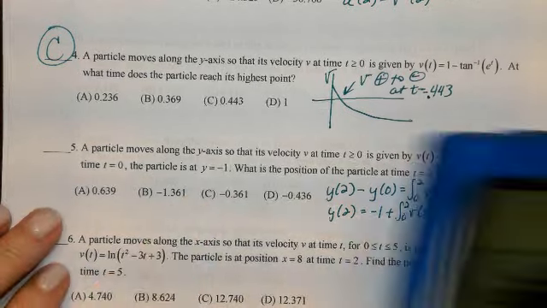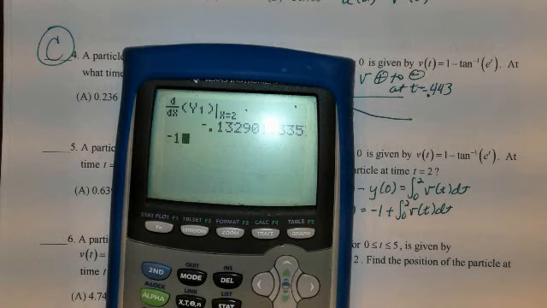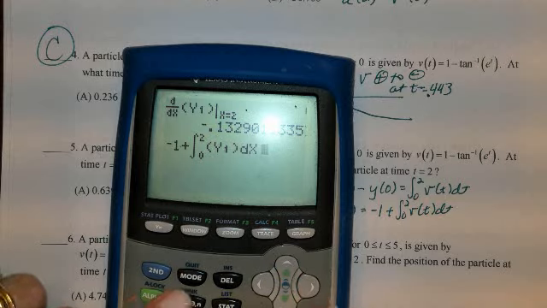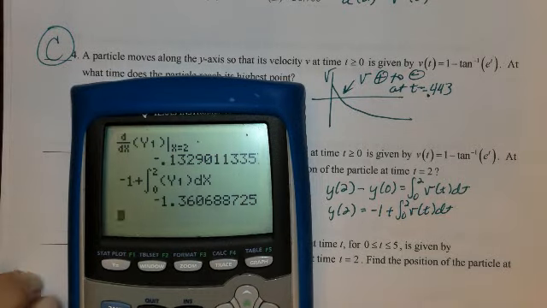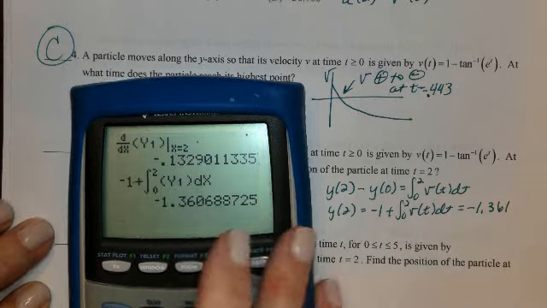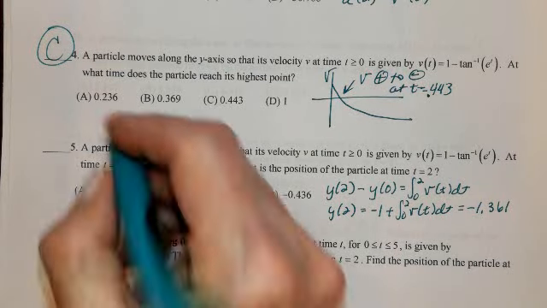And now we can just use our calculator. So negative 1 plus math 9, 0 to 2 of our y1. And that is negative 1.361. Negative 1.361 is B.